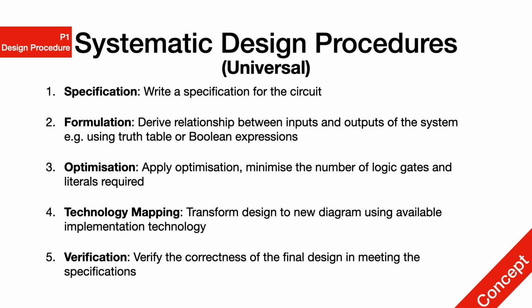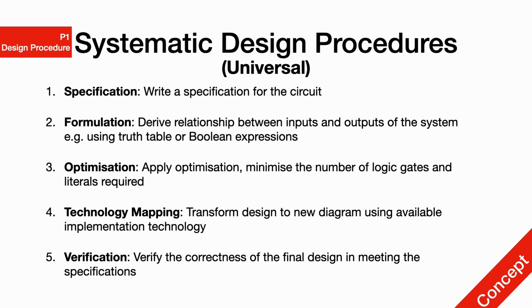If you're starting with the truth table, the first thing you will probably want to do is to take out the sum of minterms and then use binary identities, K-maps, to reduce them, to minimize the number of logical gates and literals required. If you're starting with a Boolean expression, well, the job is a little bit easier. You will simply use Boolean identities to try to simplify all of the Boolean expressions.